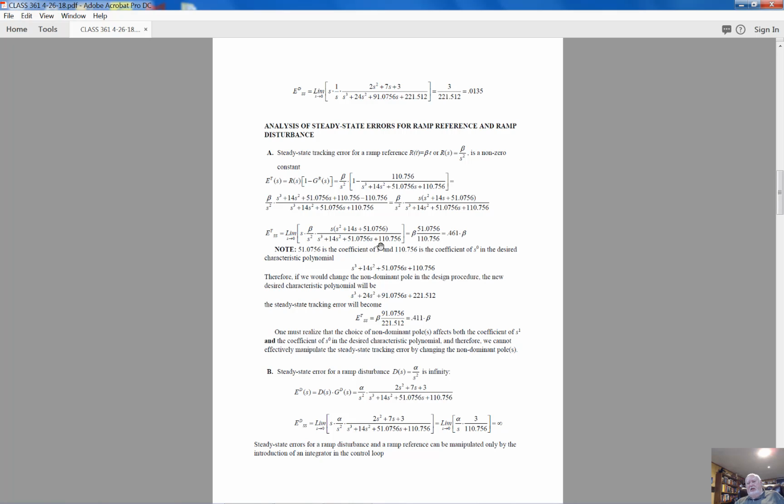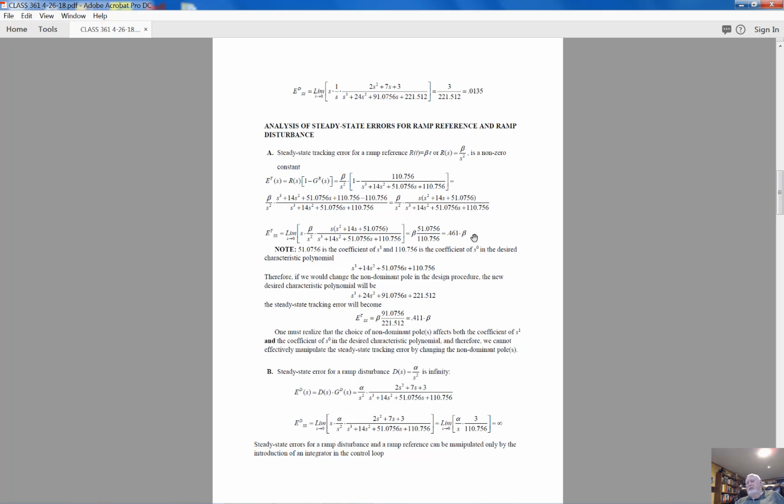In the denominator I have 110.756. It still has to be multiplied by beta, this ratio, and I'm getting this result for the steady state error for a ramp disturbance in the system. And you have to conclude with me that the error is a non-zero constant.